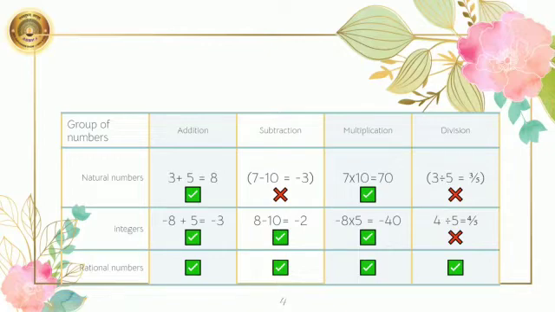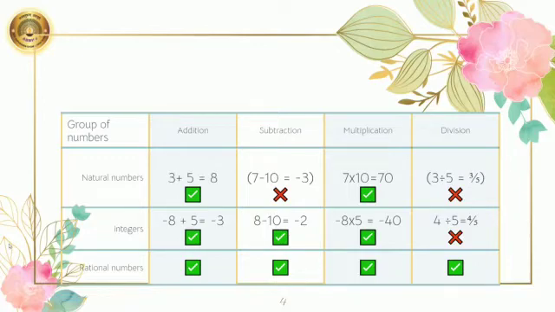Now, if you subtract one natural number from another, the answer is not always a natural number. That is, take the example 7 minus 10. 7 minus 10, the answer is minus 3. And minus 3 is not a natural number.